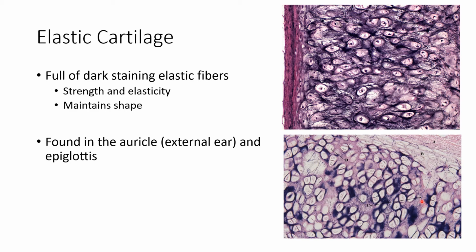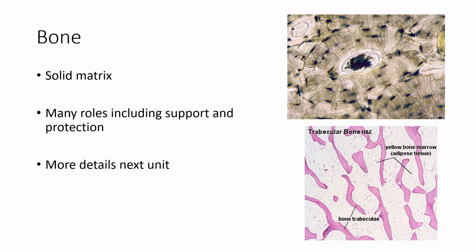Now the next 2 we're going to look at are bone and blood, and we're actually going to take a much bigger dive into these when we get to their respective units. So this is sort of just an introduction. In fact, next unit we're going to be looking at bone in a lot more detail.